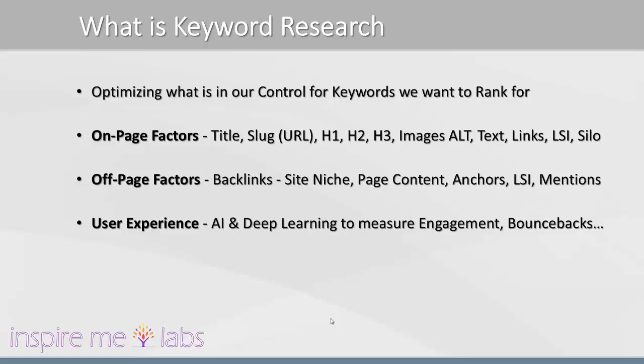So you need to make sure that the content you create is highly relevant to the keywords you want to rank and also the pages that you're linking out to. And then you need to use the right anchors, and that is a huge topic and we'll come into that later, but making sure that you use the right anchor links is very important.